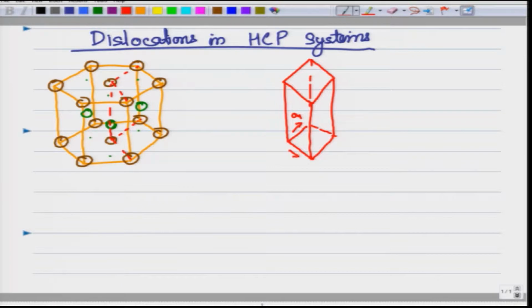This will be A1, this will be A2, this will be C. But there are a lot of things that this kind of unit cell misses. Actually, I should call it B. So this is A, which is termed A1, and B, which is termed A2.